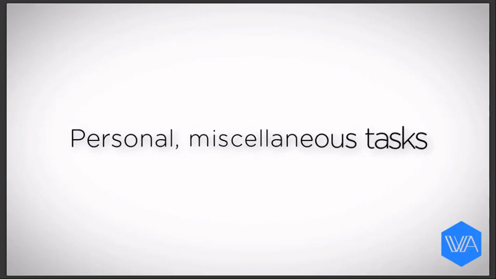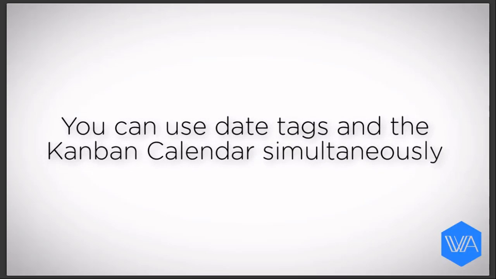The Kanban calendar really shines when it comes to personal miscellaneous tasks. Even if you prefer to use date tags to consolidate your project tasks, at the very least I recommend having a Kanban calendar for personal miscellaneous to-do items.